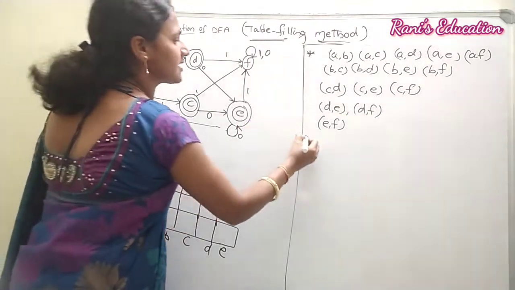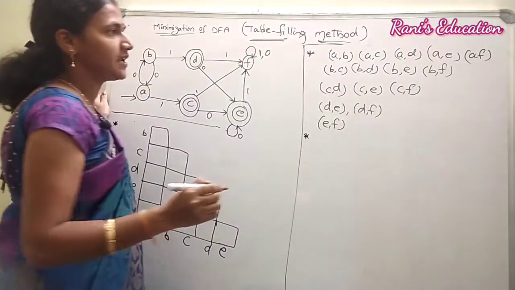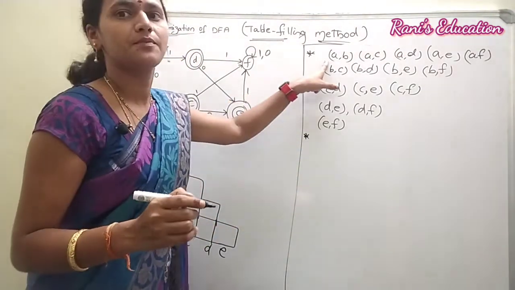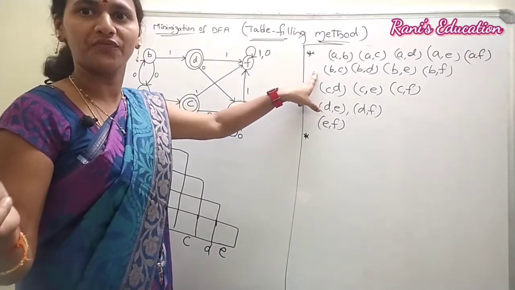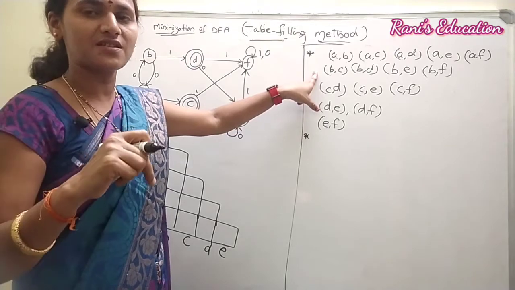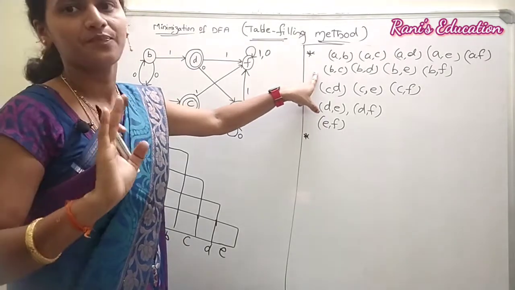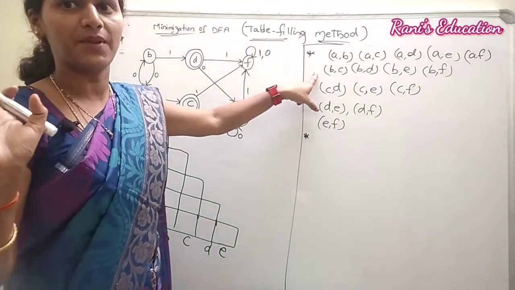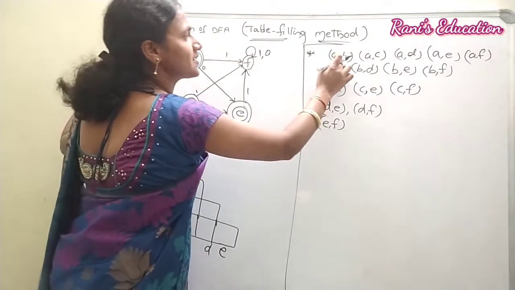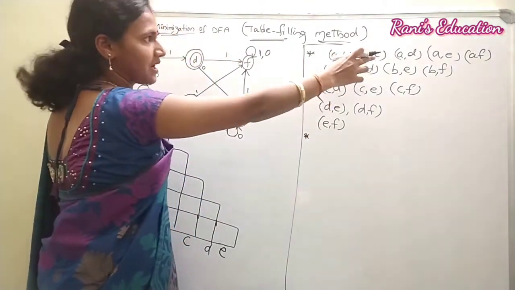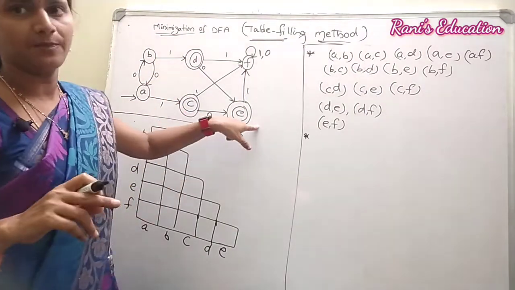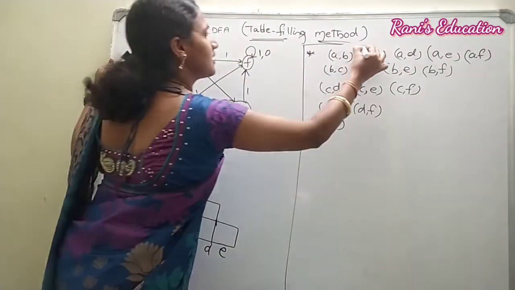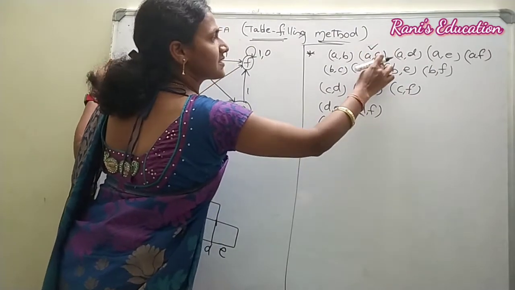Now in the third step, we need to identify the state pairs which are of the form where one is final and another one is non-final. Otherwise, the first state is non-final and the second state is final. Vice versa is applicable. Now with respect to A, what are the final states here? C, D and E, isn't it? So A is non-final, C is final.